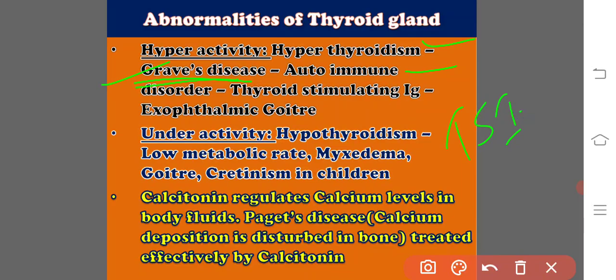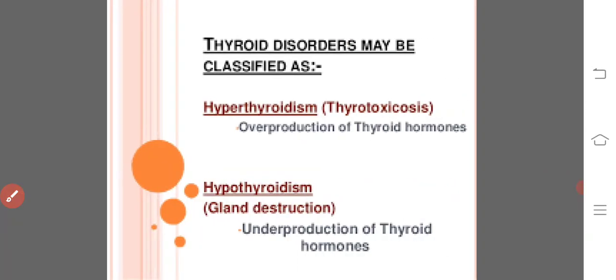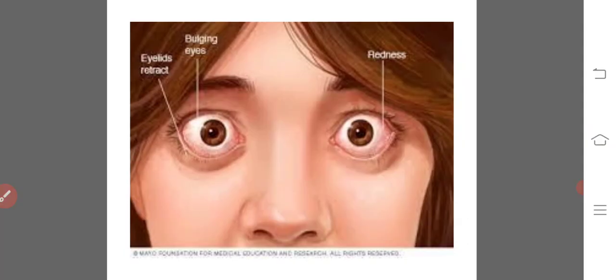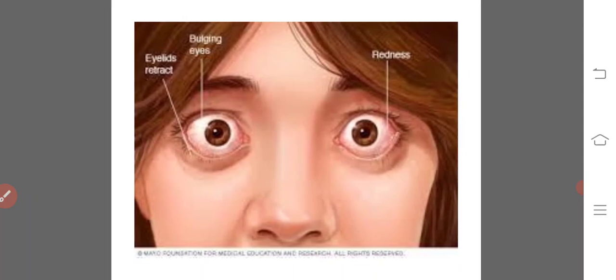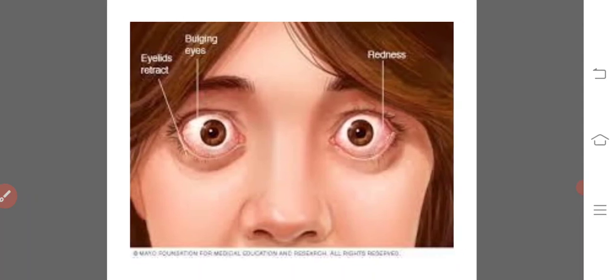Exophthalmic goiter is the bulging of the eyes that often accompanies hyperthyroidism and is caused by the deposition of excess connective tissue behind the eyes.